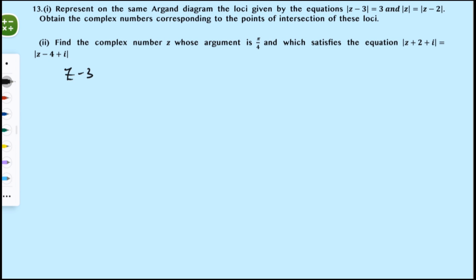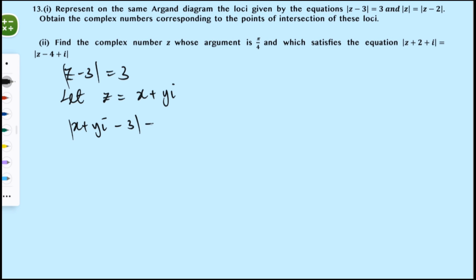Z minus 3 equal to 3. So we can find the equations of each of the complex numbers. So we let z be equal to x plus yi. Okay, substitute it in there. X plus yi minus 3.